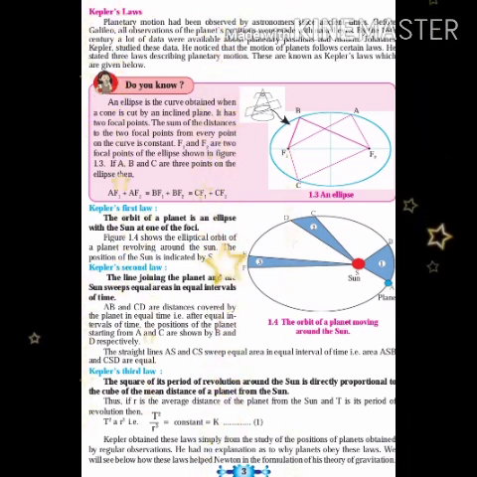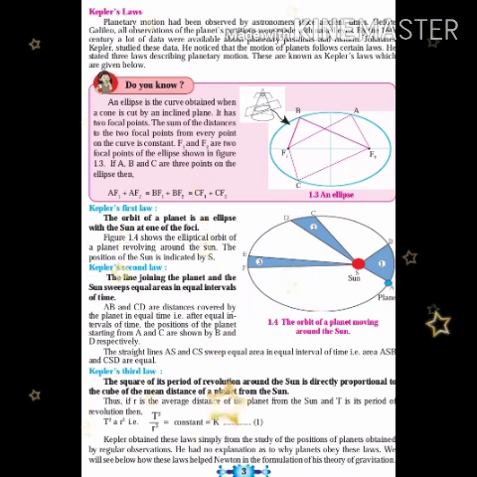Suppose the sun is at the focus and A, C, E are the planets which are revolving in an orbit. Suppose T is the time required to move from point A to point B, and at the same time point C will also move up to point D, and they will take the same time for this movement.